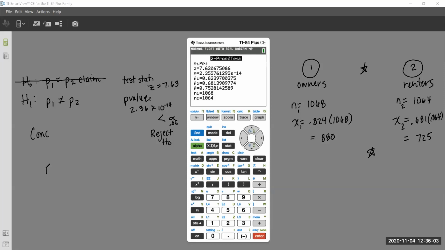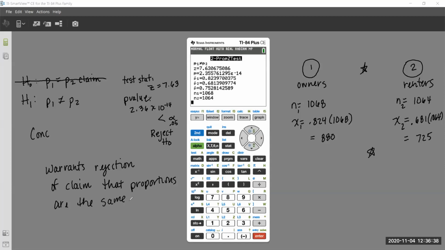So here we're going to say warrants rejection of the claim that proportions are the same of people who drive themselves to work between homeowners and renters. I'm not going to write the whole thing. The proportions are the same.